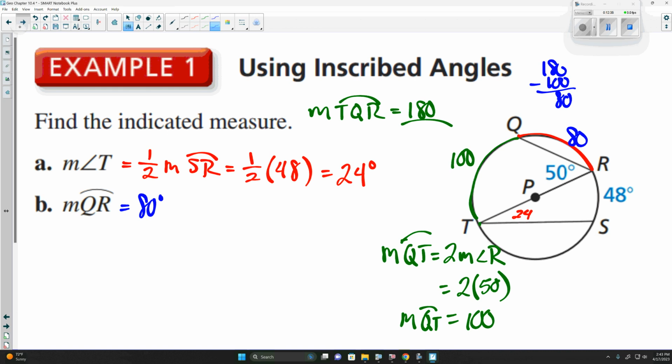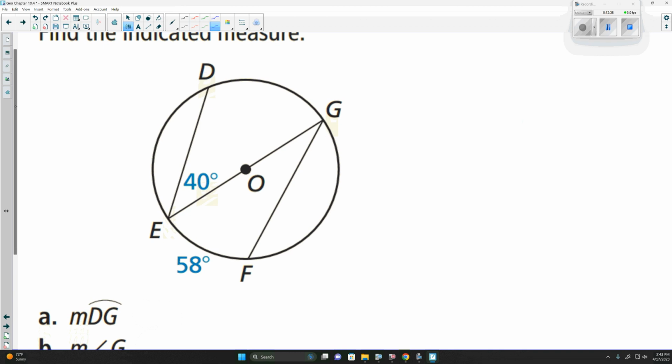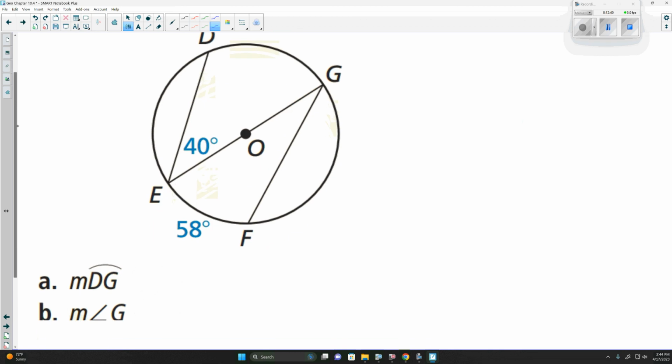We need another one. Okay. Let's look at this one here. Find the indicated measure. So the first one we're looking for is the measure of arc DG. Well, the measure of arc DG is equal to twice the measure of the angle. So twice the measure of angle E. So DEG, E, both are the same, yes?